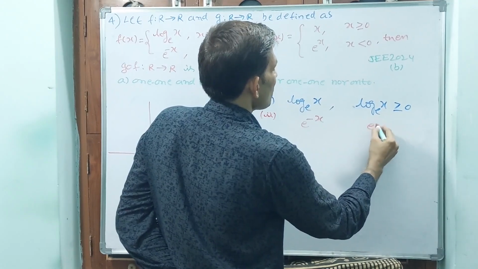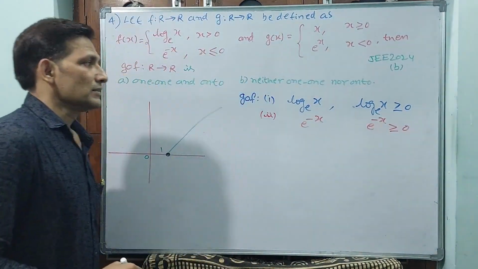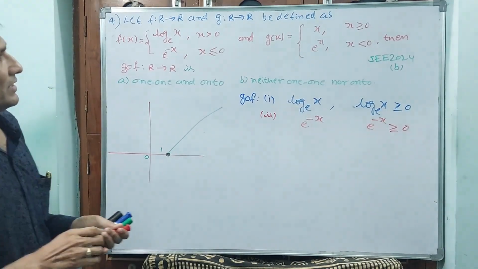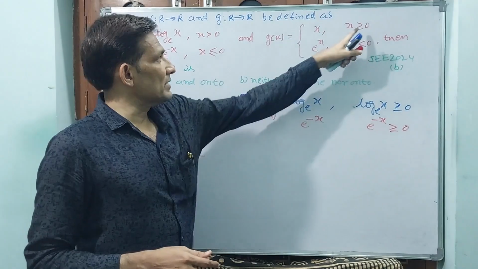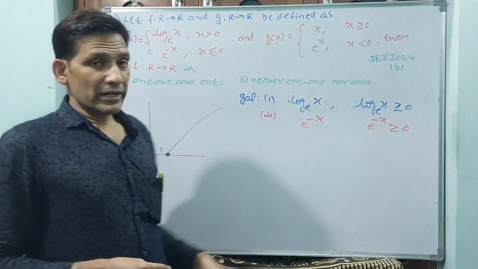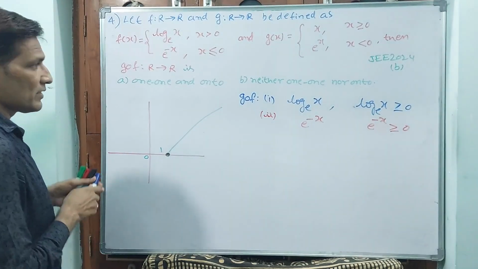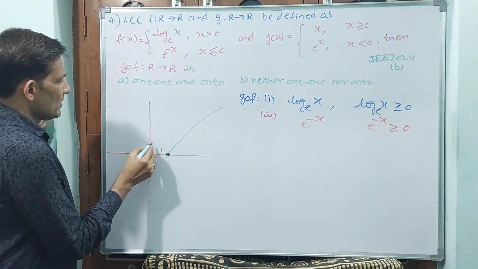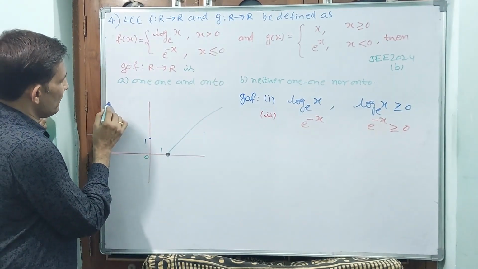Same as log x is greater than or equal to 0, because this condition we are taking. And the second one, e power minus x is also greater than or equal to 0. Now see, just now I have shown this graph will come in reverse way. You see, this graph will come like this.